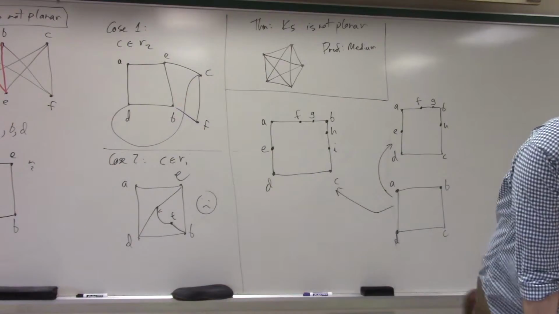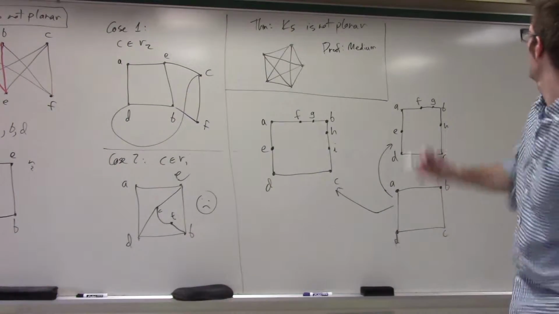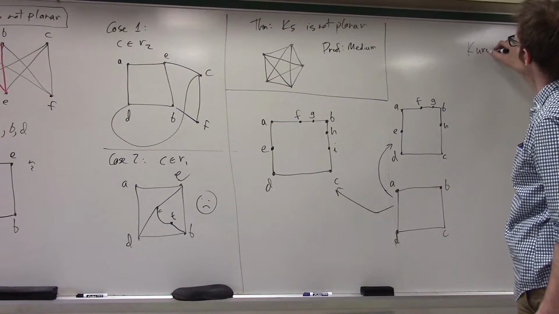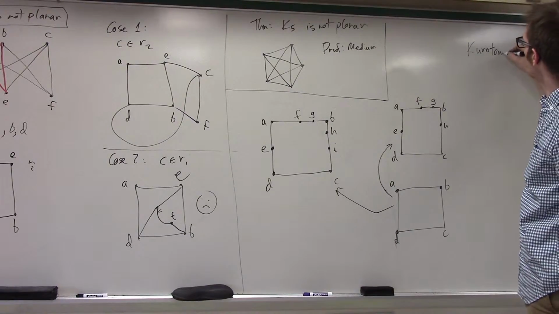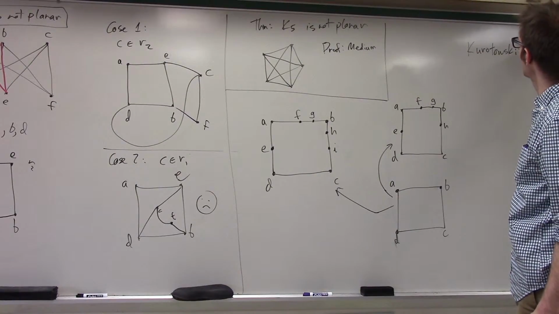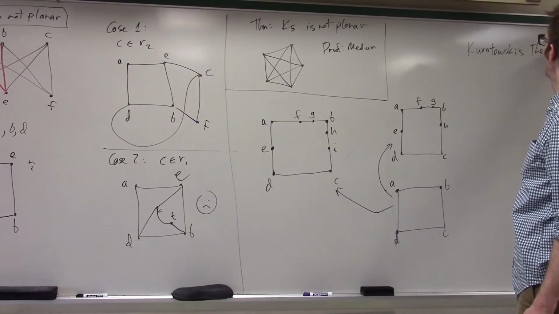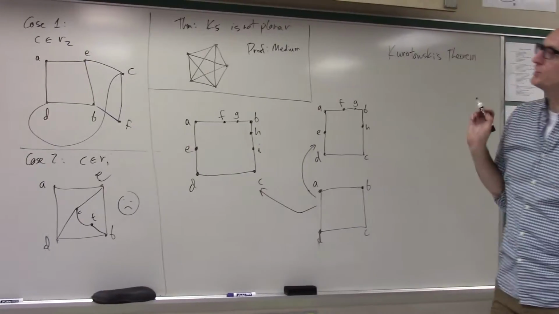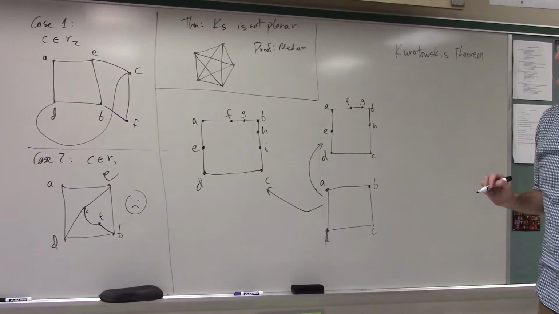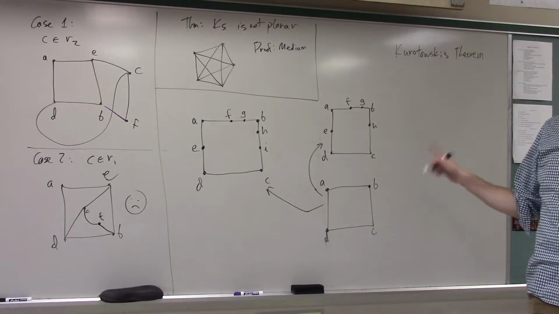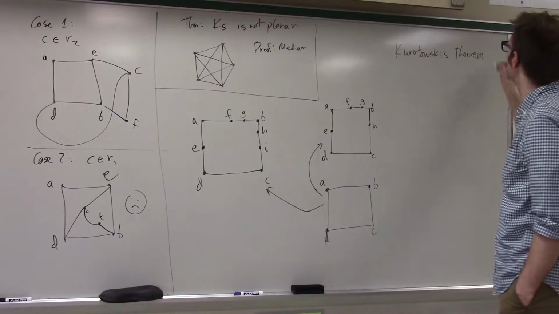Okay, wait, hold on. So basically, the theorem is called Kuratowski's theorem, and Kuratowski's theorem says that every single non-planar graph has a subgraph which is homeomorphic to K3,3 or K5.